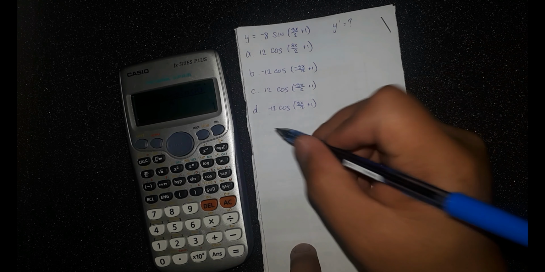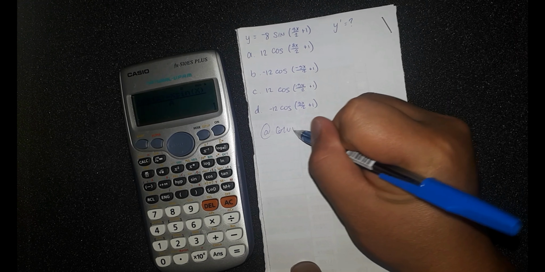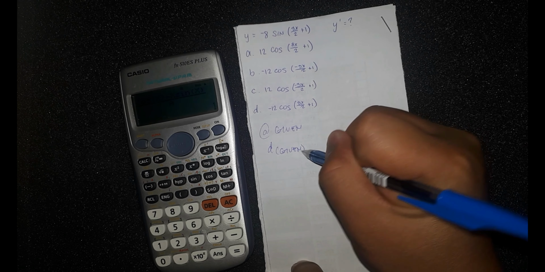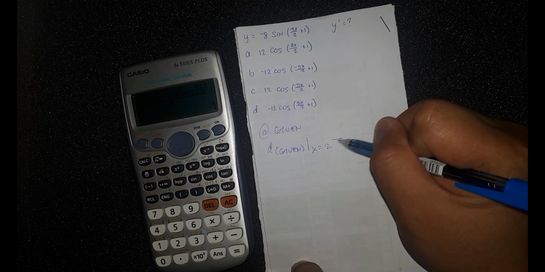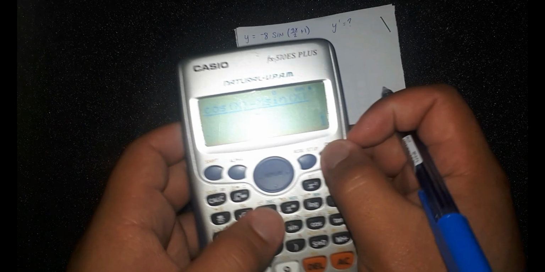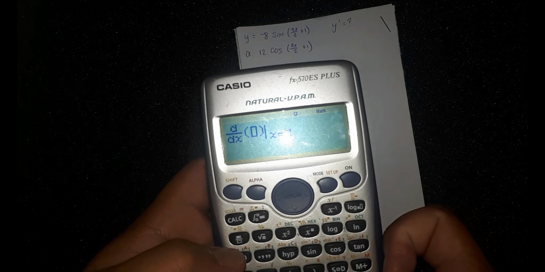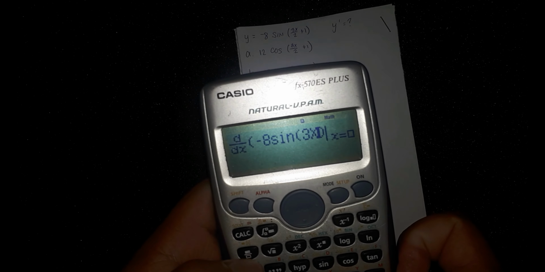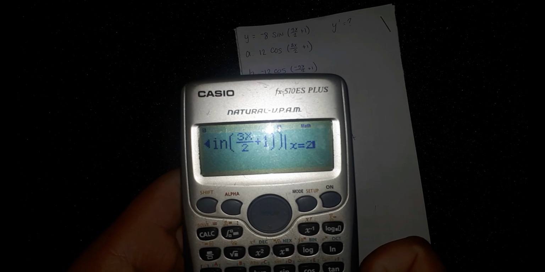So at given, derivative ng given at x is equal to 2, store mo siya sa A. So derivative ng negative 8 sine 3x all over 2 plus 1 at x is equal to 2, store mo siya sa A.